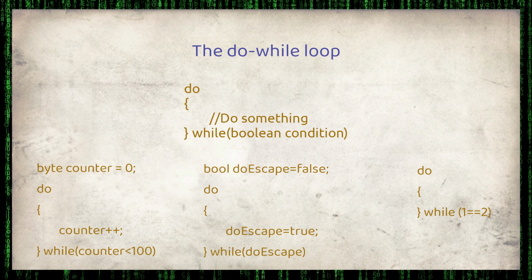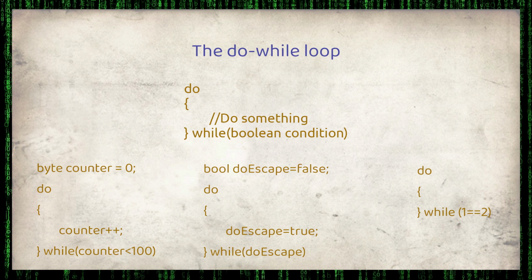So it's done it the first time already, and then it's incremented counter, but it'll keep doing it while counter is less than 100. This loop will keep going for 100 times, and when counter plus plus finally changes the value of counter to be 100, then this while counter smaller than 100 will cause the loop to escape, and the code will continue beyond that.